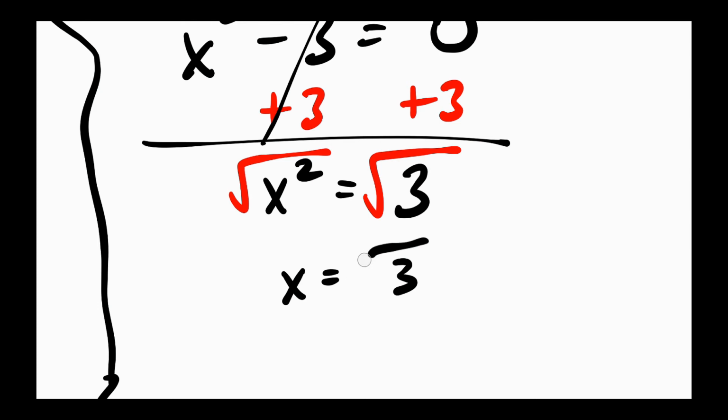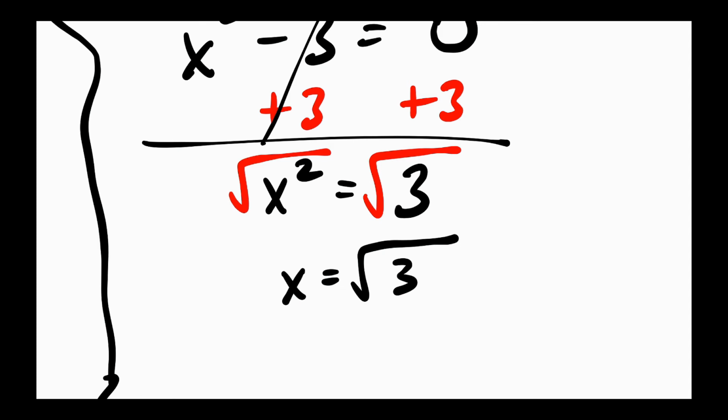Okay. But didn't I say I had 3 answers? So I need another one, right? So remember square roots? Remember when we said, okay, what's the square root of 16? 4, because 4 times 4 makes 16, right?